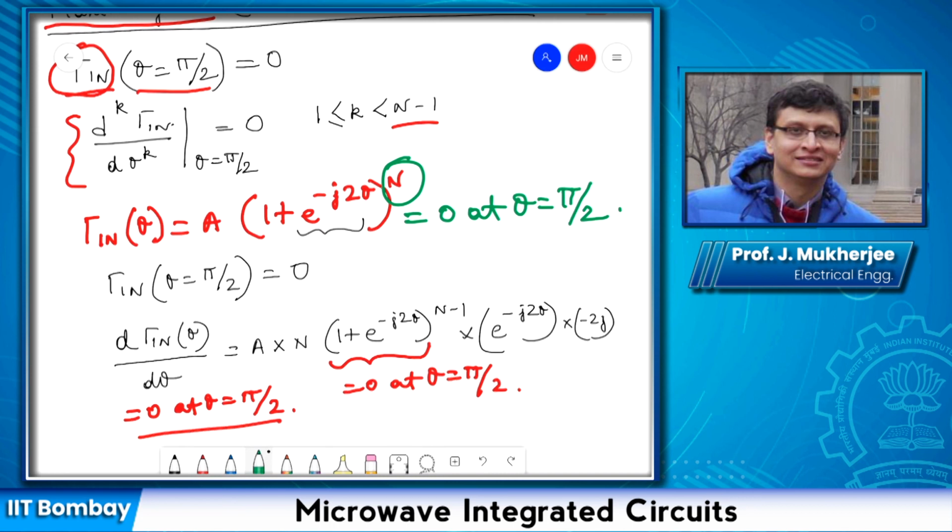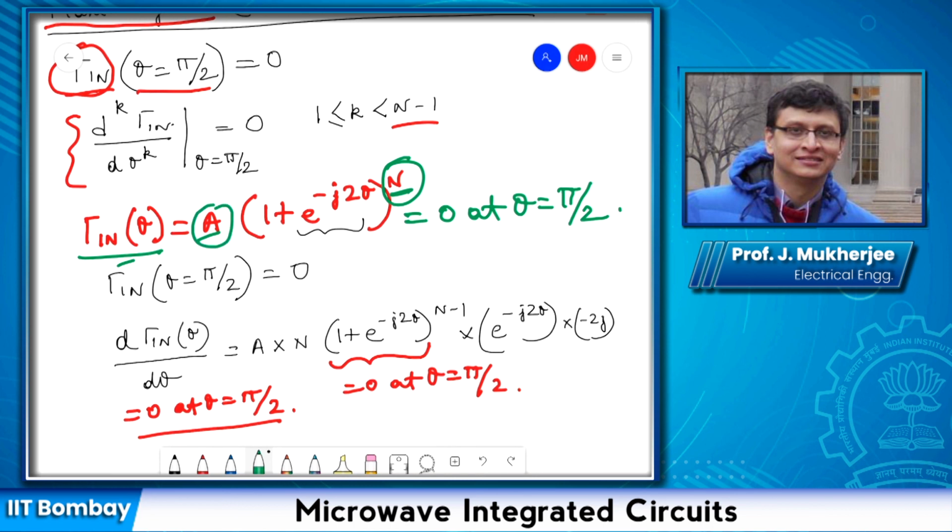Alright then, so now we know the expression for the maximally flat transformer. Let us see how we can find the values of n and A. So these are the two unknowns, right? Say we want to match our gamma in as obtained from this equation with our actual multi-section transformer. So here in this expression, depending on what our bandwidth needs are, two quantities are unknown.